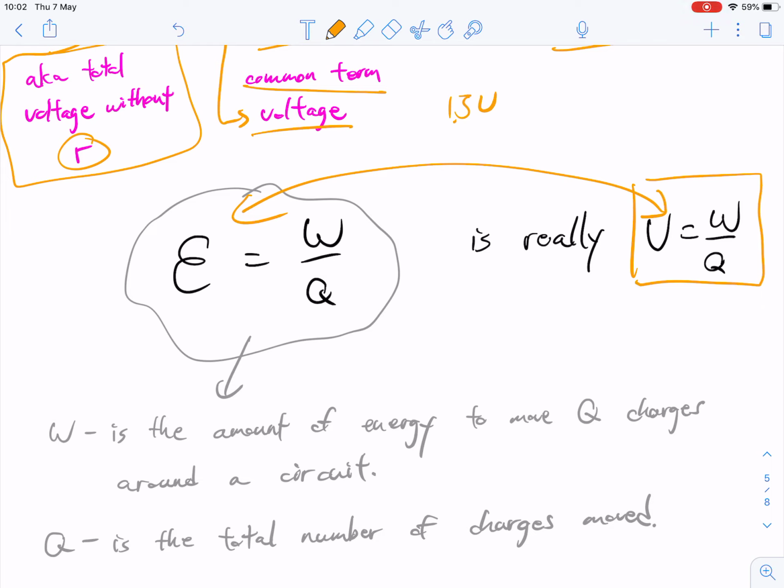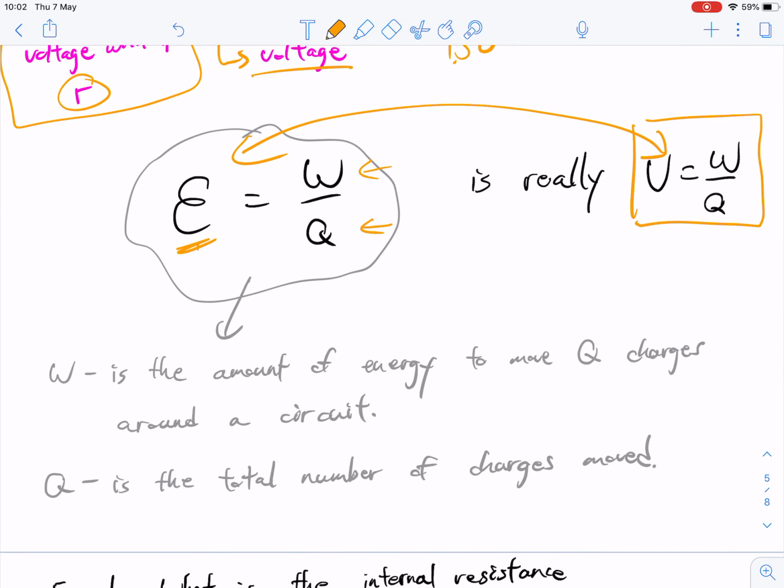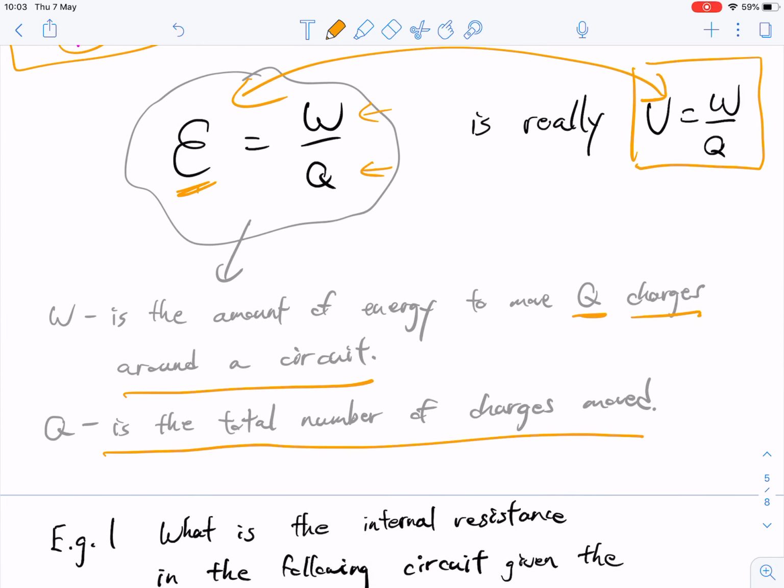So the electromotive force of the battery is the work done per unit charge, and we can describe W as the amount of energy to move Q charges around or through a circuit, where Q is the total number of charges that are moved. So W energy, Q total number of charges being moved, okay?